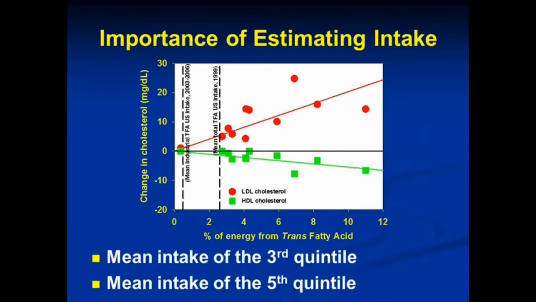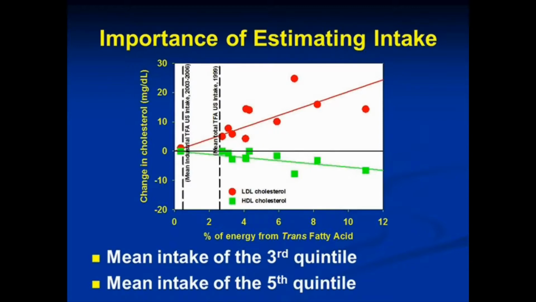This is the slide of trans fatty acid intake, percent of energy from trans, different intervention studies, changes in cholesterol, red showing changes in LDL cholesterol, green showing changes in HDL cholesterol, and different intakes of trans fatty acids.